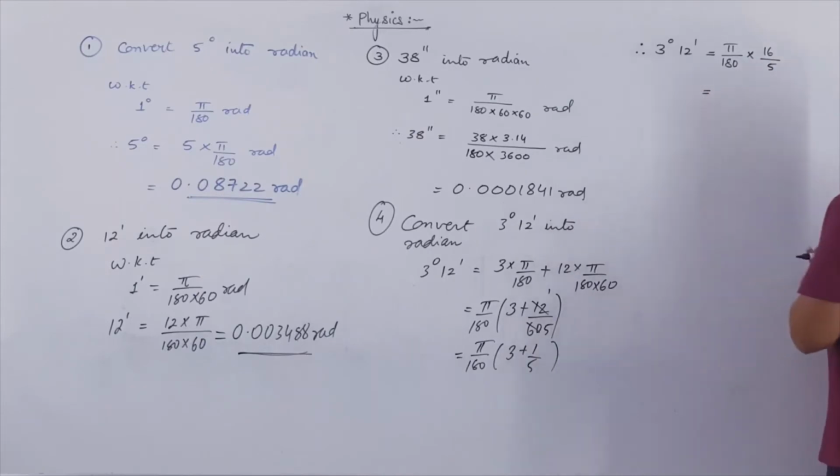So if you simplify this, we will get pi divided by 180, that is 3.14 divided by 180, into 16 divided by 5.